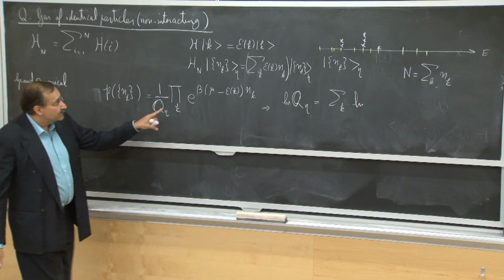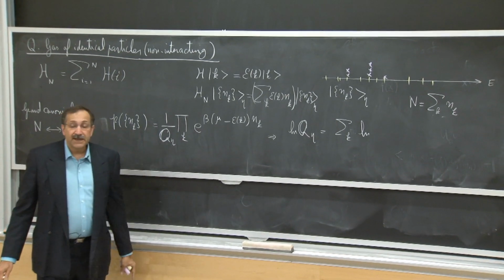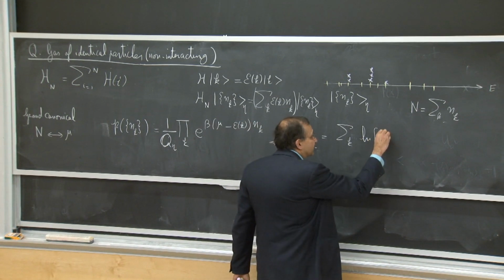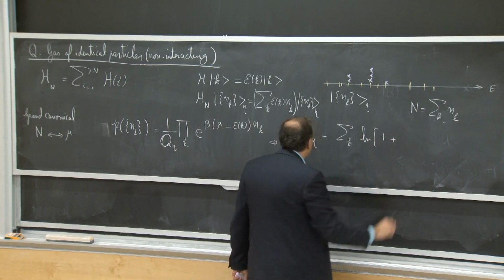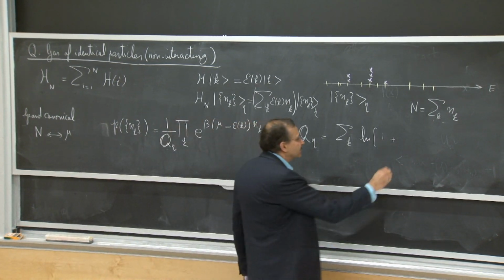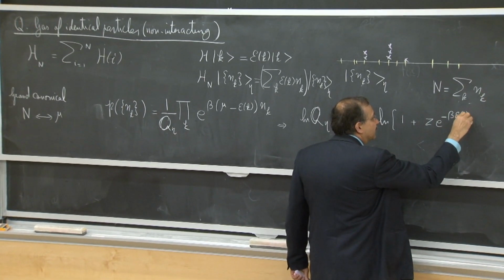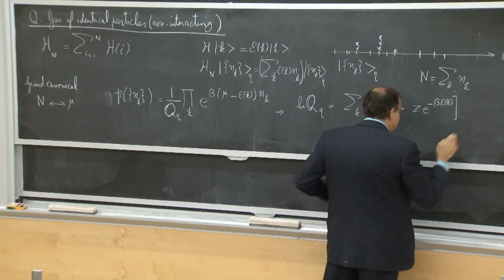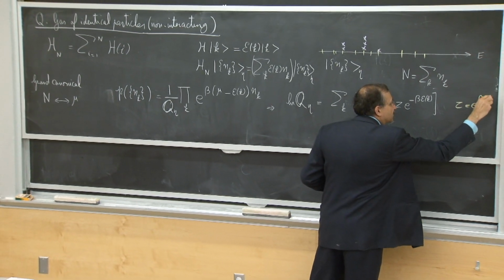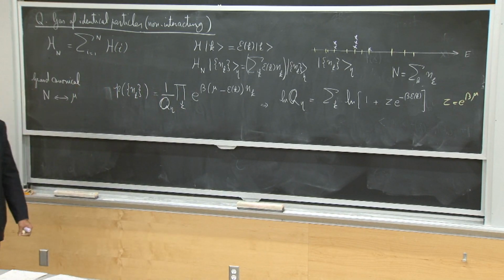If I have the case of fermions, where nk gets 0 or 1 as the two possibilities, then the normalization will be simply 1 plus this exponential. And I choose to write that as z e to the minus beta epsilon of k, where I have introduced z to be e to the beta mu, because this combination occurs all the time. I don't want to keep repeating that.